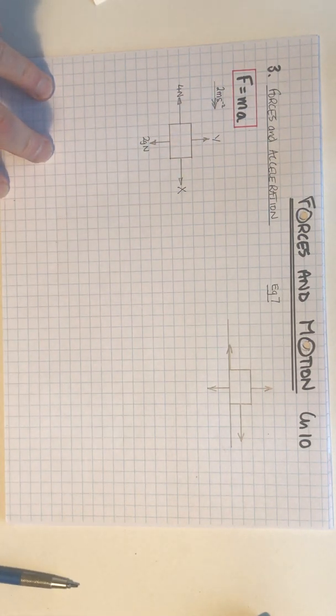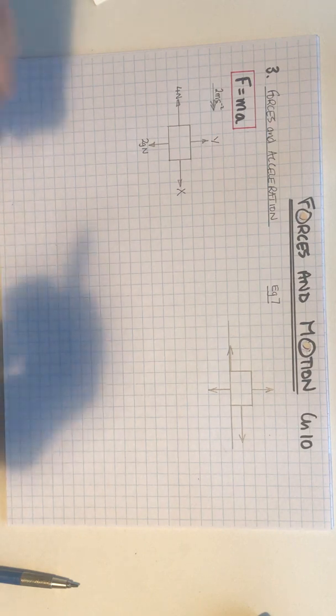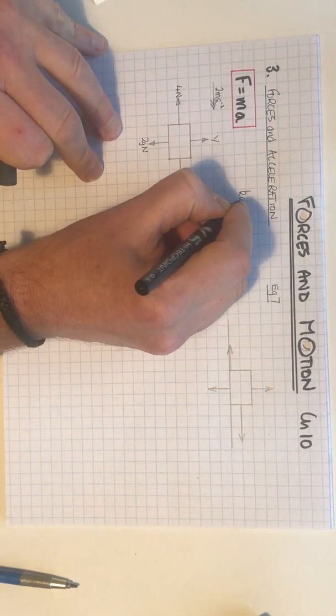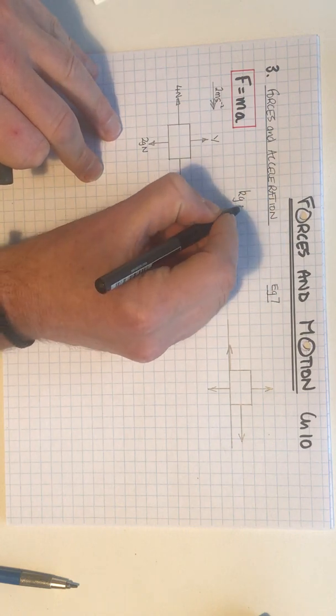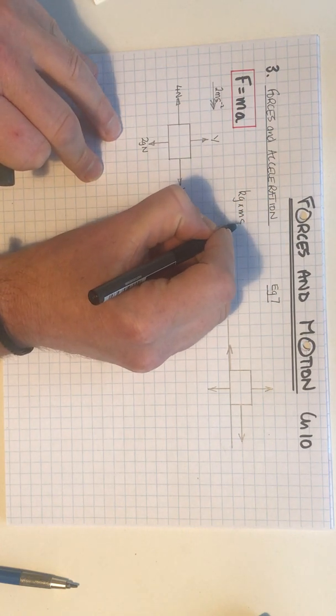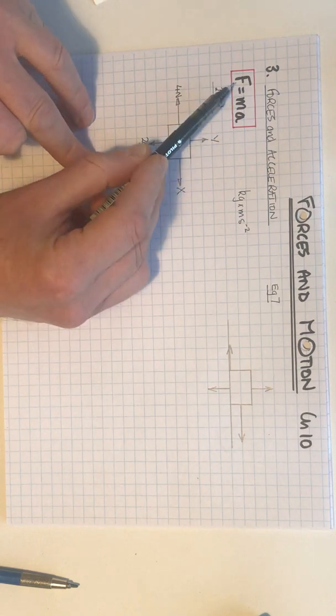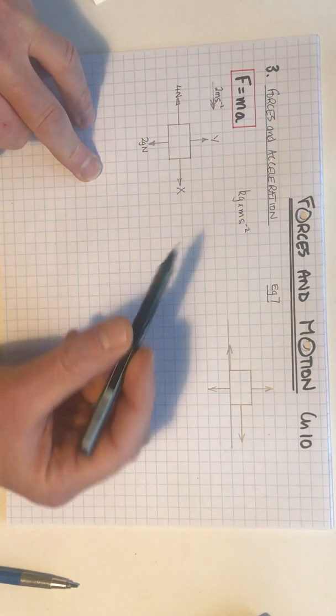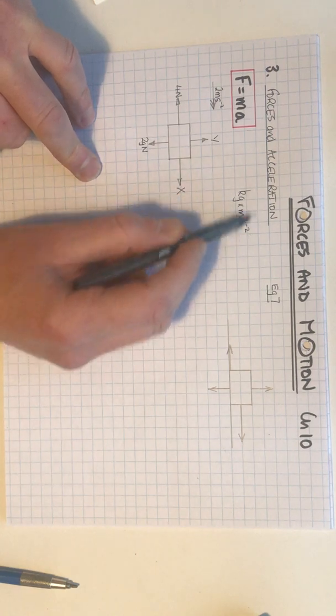And if we look at the units quickly, mass is in kilograms, acceleration is meters per second squared. So force is measured in kilogram meters per second squared. Thankfully, we don't use that unit.